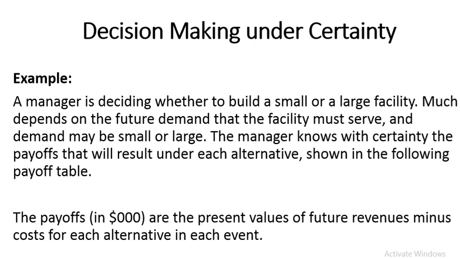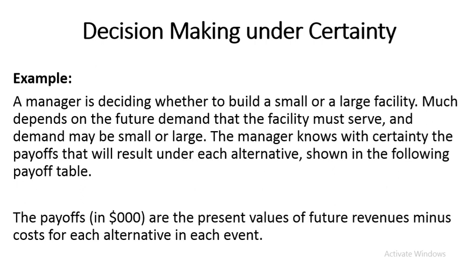As we have discussed in our previous lecture, while applying the decision theory, we should calculate the payoffs at the present value, the present value of the future revenues. So here that's what he is talking about.